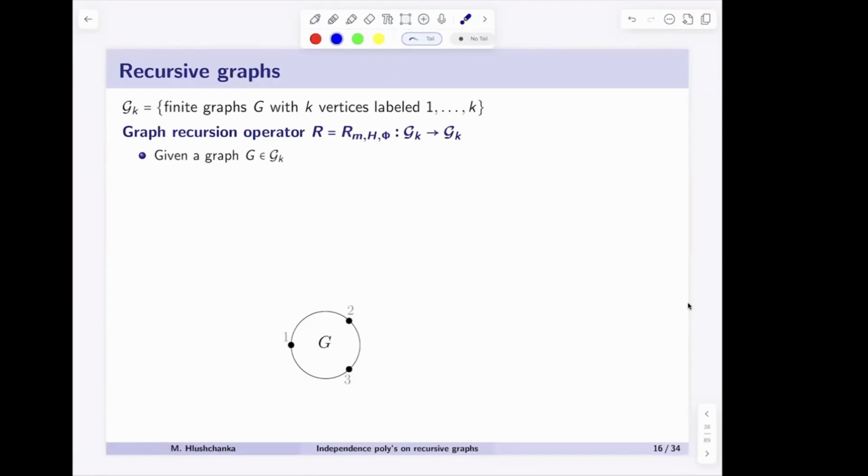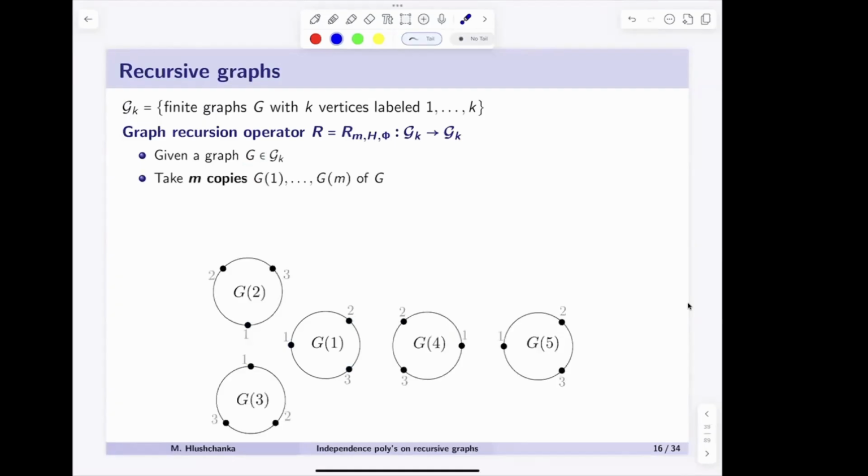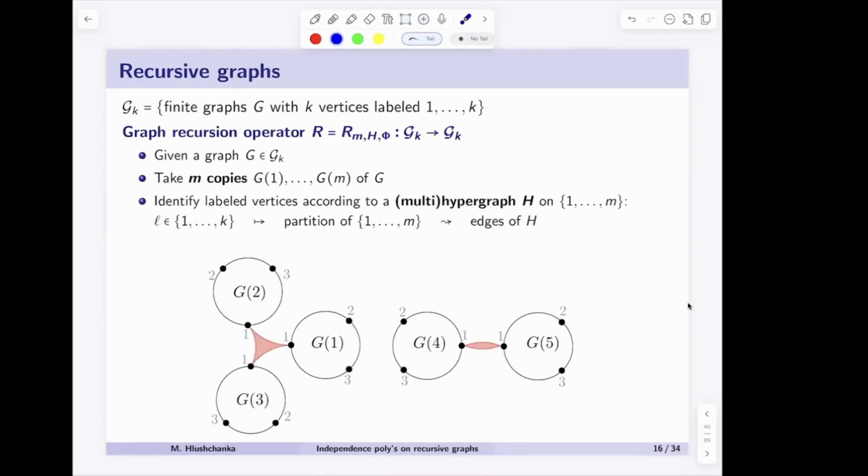Suppose that I start with some graph G, which has k vertices labeled 1 up to k. I take m copies of this graph, where m is some fixed parameter, remembering all the labels. Then for each label L, I consider a partition of the set 1 to m.